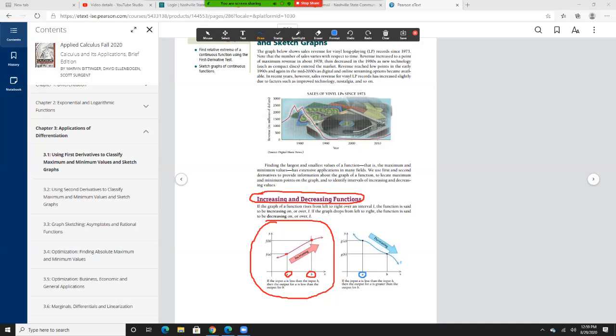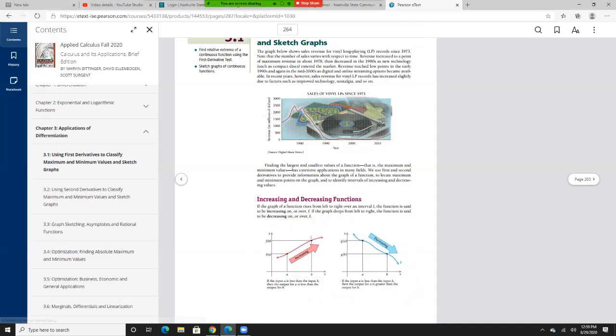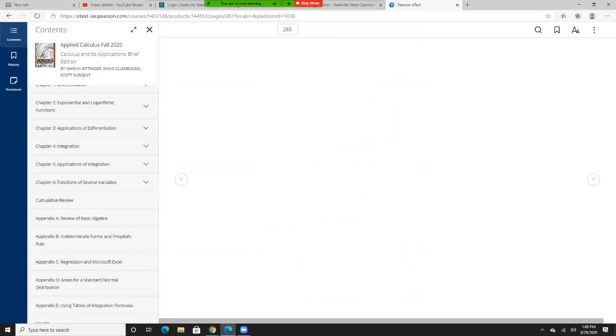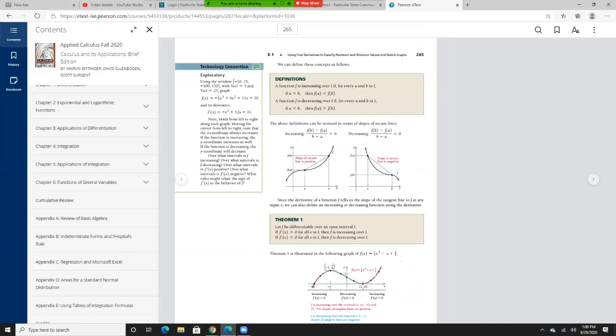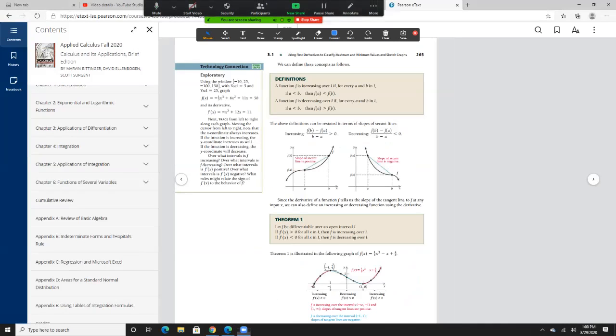We're going from A to B. But in this case, we note that f of A happens to be higher than f of B. And that tells me that we have a decreasing function as x goes from A to B. I hope that explanation was clear. If not, you can fall back on the book's definition.